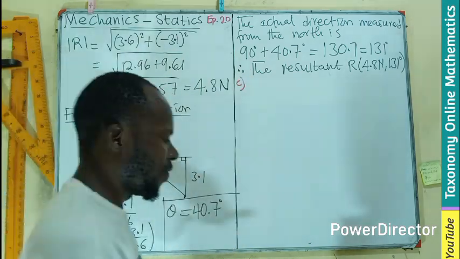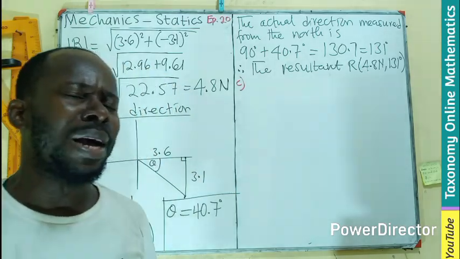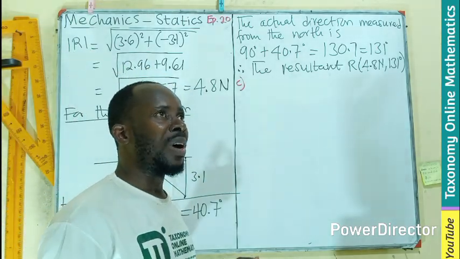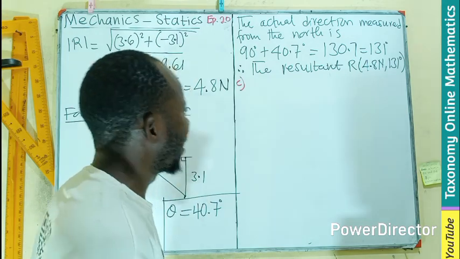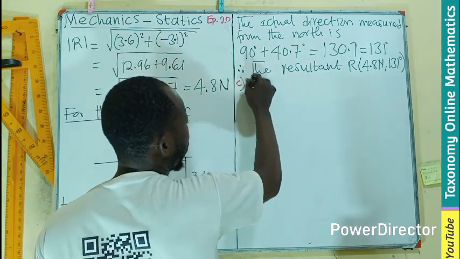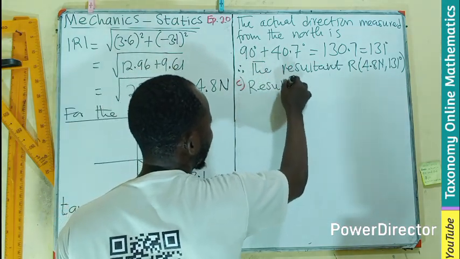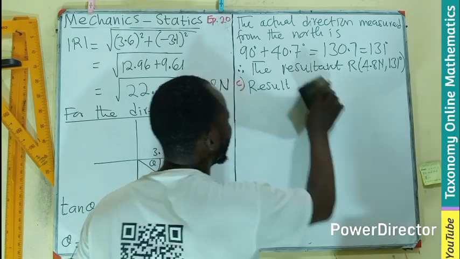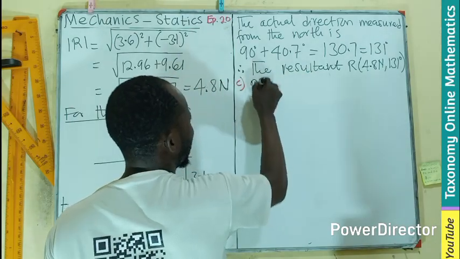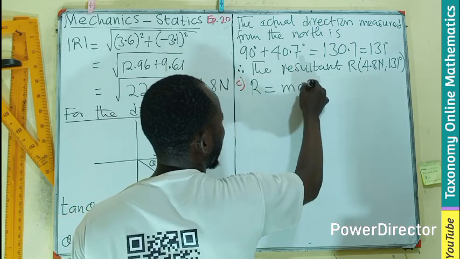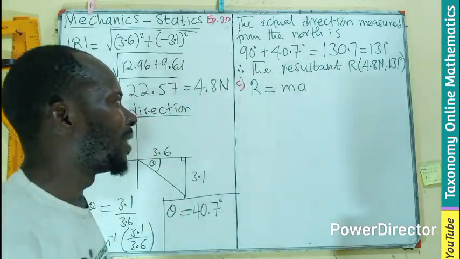Now, what are we looking for in the last one? We are looking for the magnitude and direction of the resulting acceleration. Remember, the resultant force is a force. So I just have to use the formula, no need to explain that. The resultant will be equal to the force, the mass of the body times what?